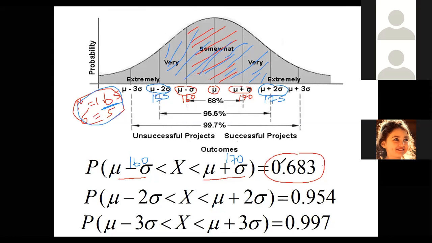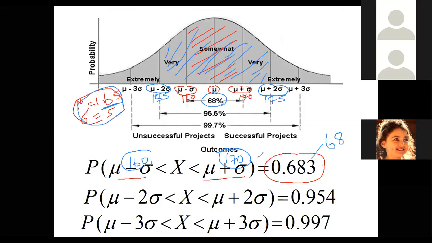The answer is 0.683, or in percentage, roughly 68% of the students studying at University of Jaffna have height between 160 to 170 centimeters.